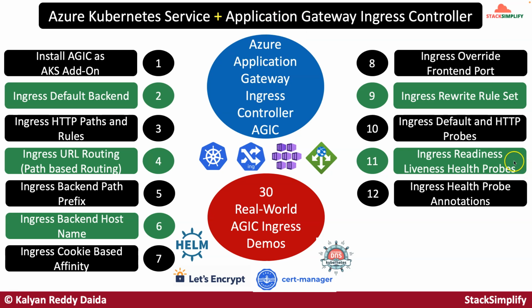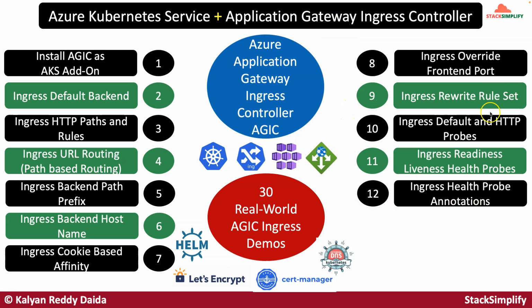In the same way, if Ingress health probe annotations are defined in Ingress service and readiness and liveness probes are defined in your Kubernetes deployment, which takes the priority and using which data the health probe is created in application gateway, we are going to review and implement.